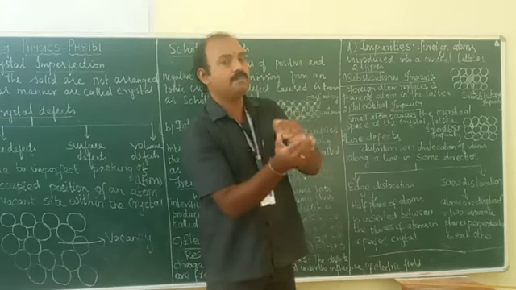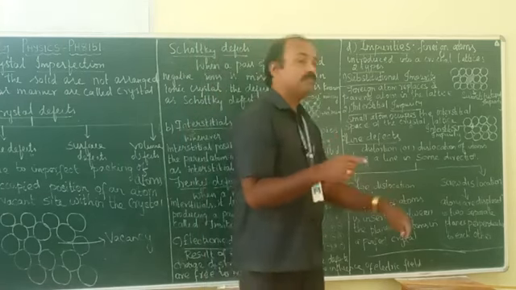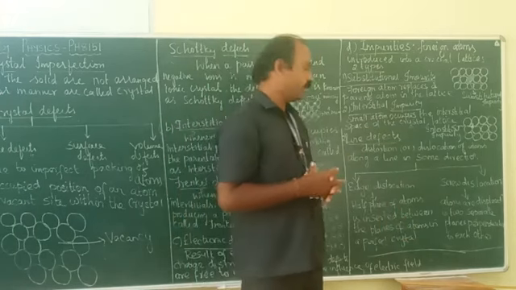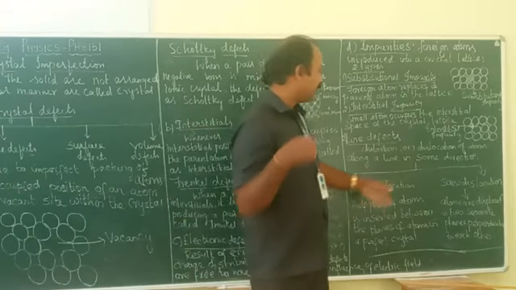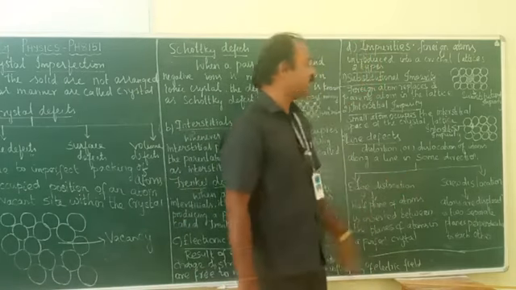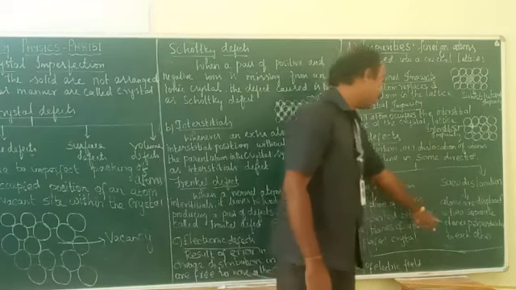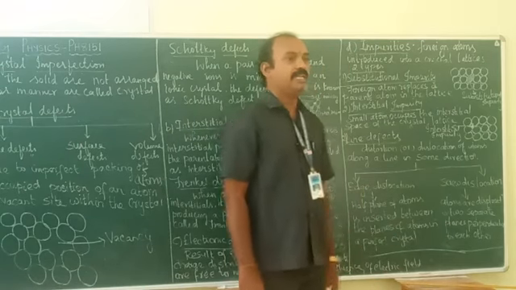For the remaining half, because of the introduction of the half plane of atoms, the position is entirely different from the original arrangement. Then the screw dislocation: atoms are displaced into separate planes that are perpendicular to each other. So this is about the line defect.